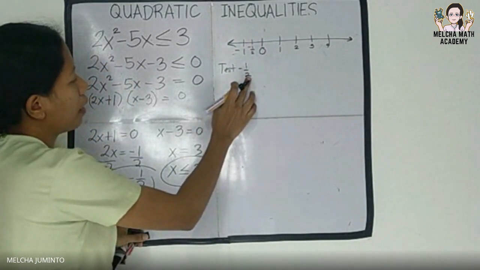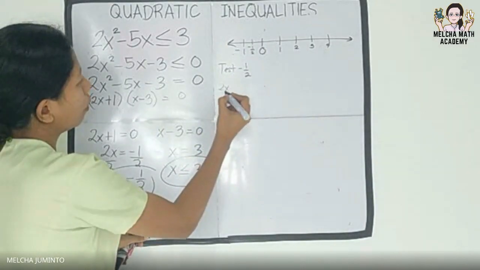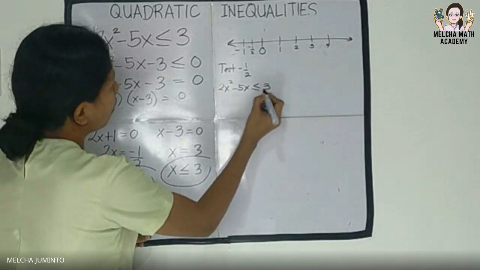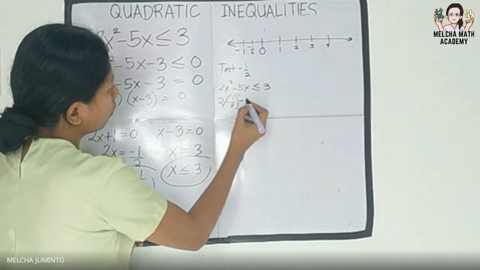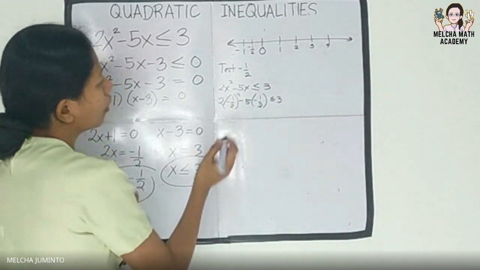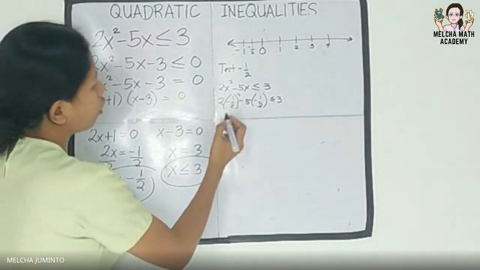Let us test negative 1 half. To do that, replace x with negative 1 half in the inequality. 2x squared minus 5x is less than or equal to 3. All x will become negative 1 half. Apply exponent first before multiplication. So 2.